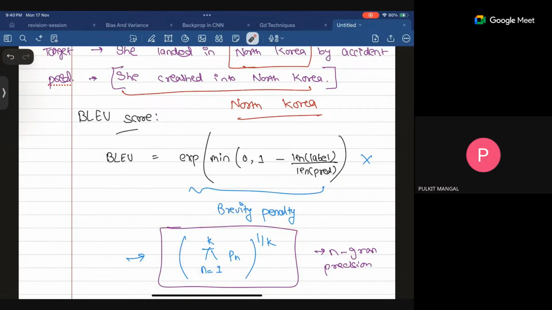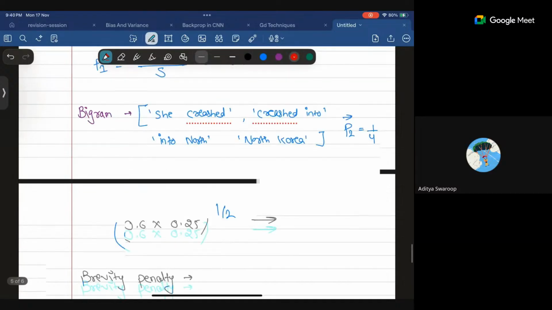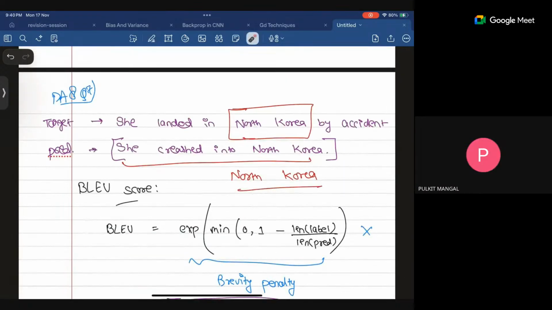Okay, there is no limit given, but this will be a very good score if you get 1. But because it is a short sequence, that is the reason we are able to get 1. So to penalize the short sequence, we introduce this brevity penalty. Sir, how will it be 1? See, calculate the unigram precision. What will be its value? Both are matching, right?